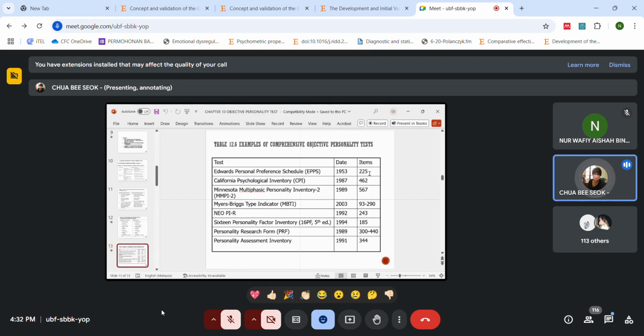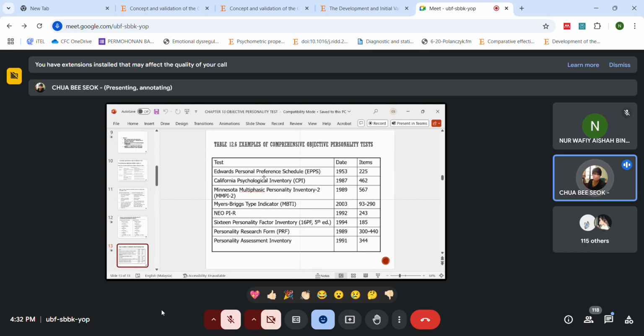So comprehensive, 225 items. This instrument was developed in 1953, but is still popular. Okay, if you can see from the list here, the objective personality test is the old test. Yeah, it's a classic test, but it's still popular until now.